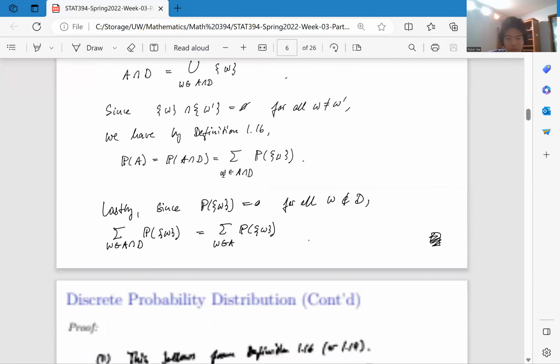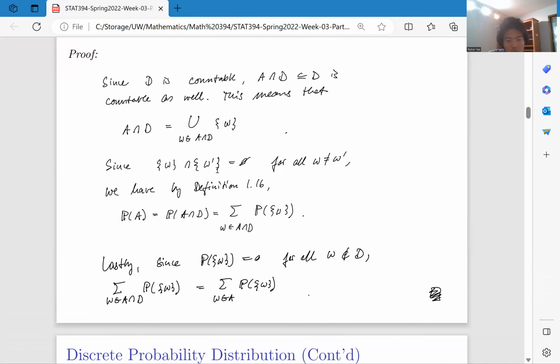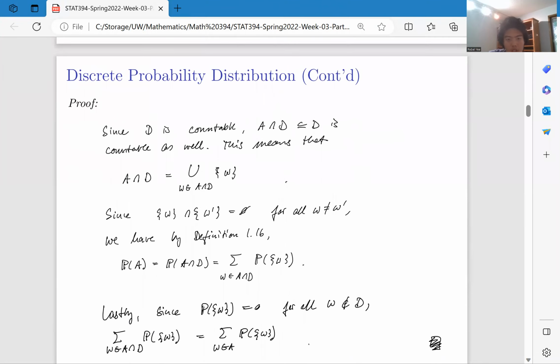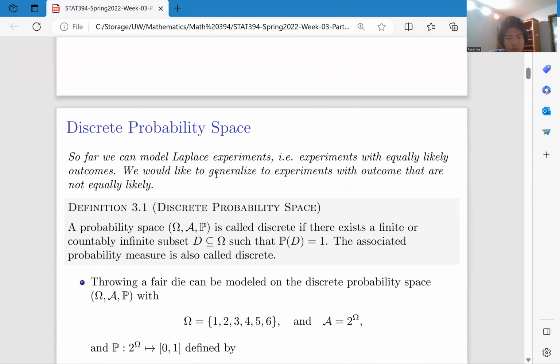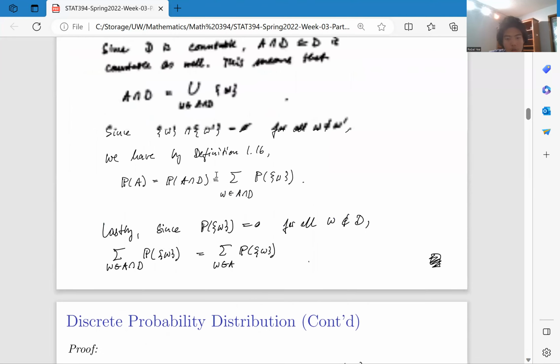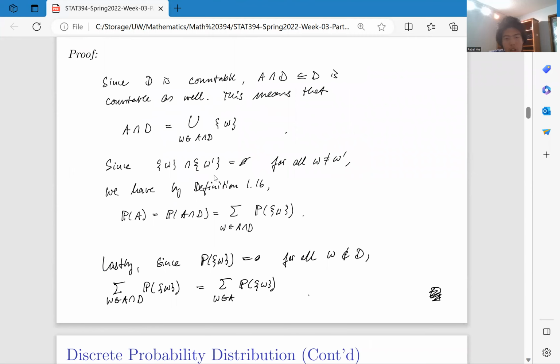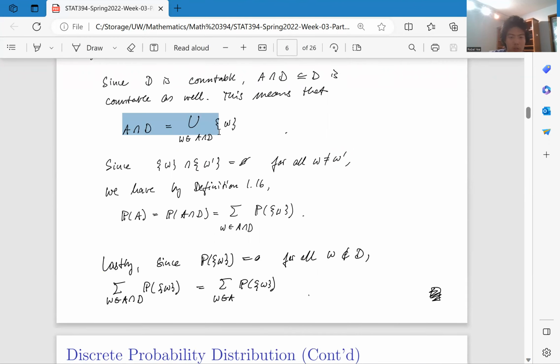And by definition 1.16, I don't remember which definition that is. But let's see what happened here: the probability of A is equal to the probability of A intersect with D, which is equal to the sum of all the events belonging to A intersect with D, and that's very similar to this one.